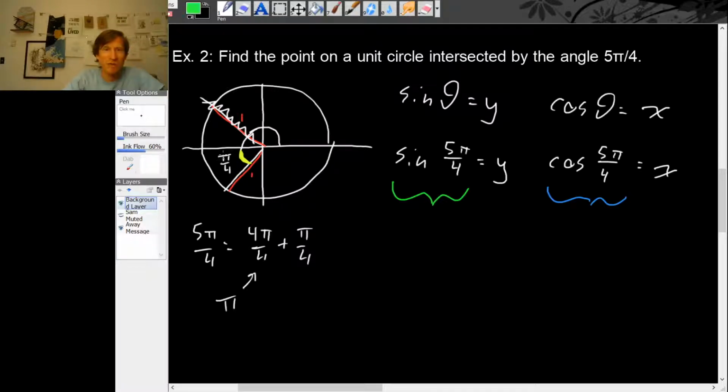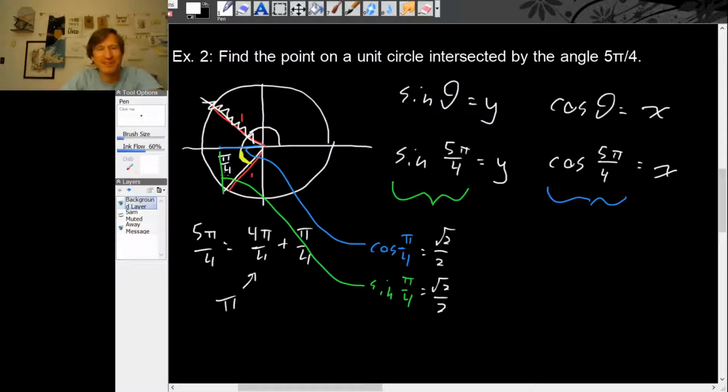And if we go back to our right triangle way of thinking about things just for a moment, then this horizontal distance and this vertical green distance, those are things we already know. So the blue one is cosine of pi over 4, and this green one here is sine of pi over 4. And we know what both of those are. Those are both square root of 2 over 2.